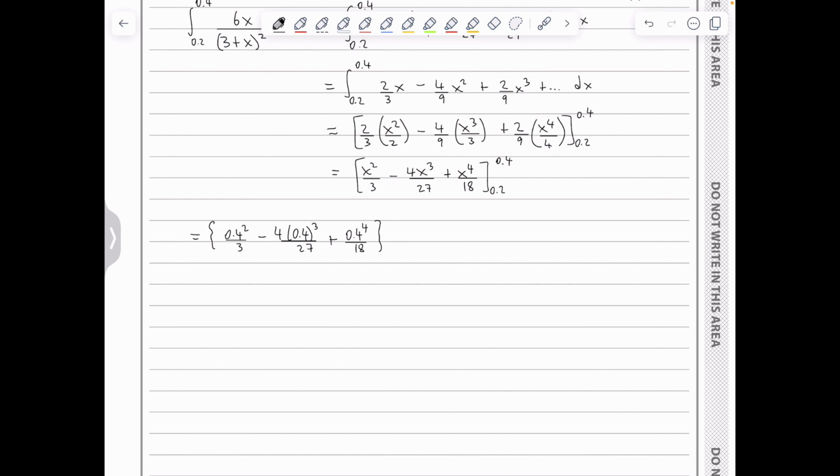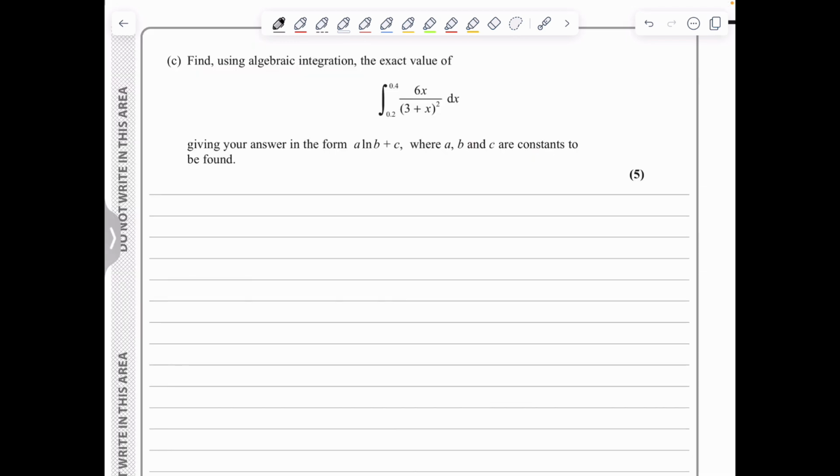This is the upper limit substituted, and then the lower limit is 0.2 squared over 3 minus 4 times the 0.2 cubed over 27 plus the 0.2 to the power of 4 over 18. I plug everything into the calculator carefully and I get the result of 0.03304.